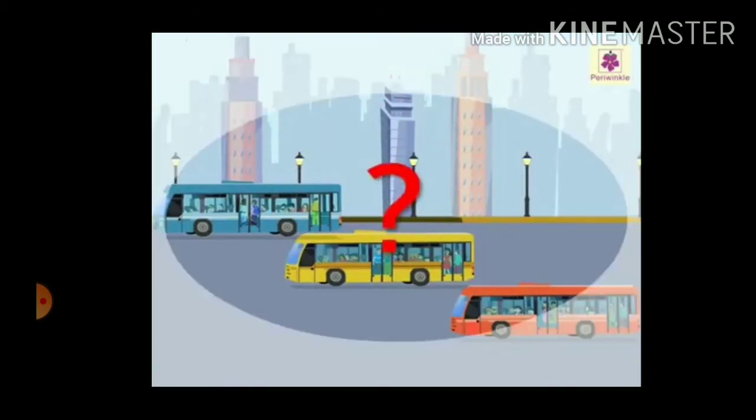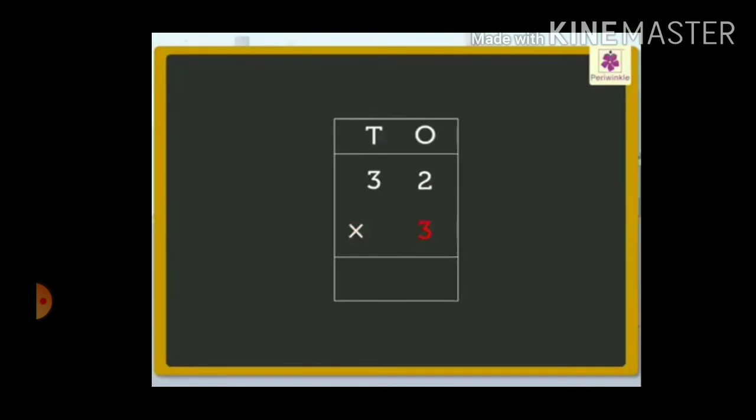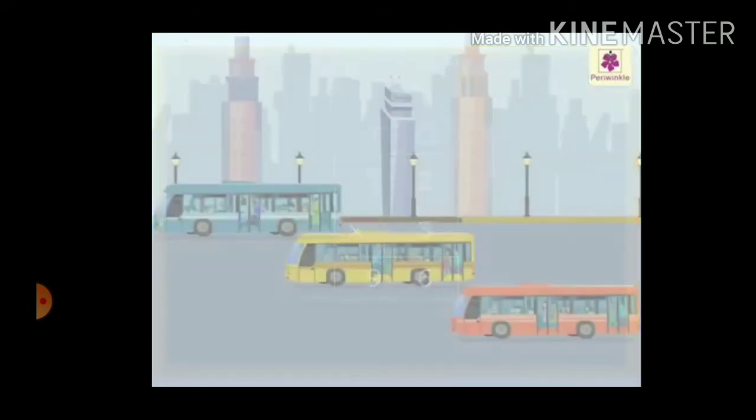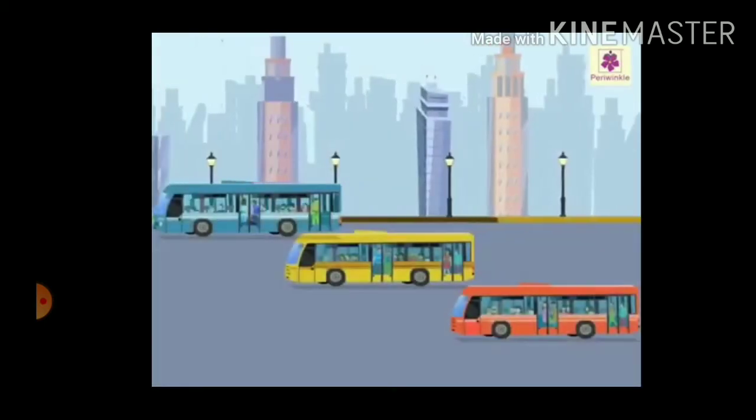How many passengers do the 3 buses carry in all? 2 into 3 is equal to 6 ones. 3 into 3 is equal to 9 tens. So, the final product is 96. There are 96 passengers in 3 buses.